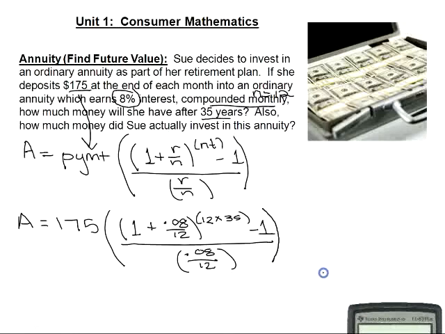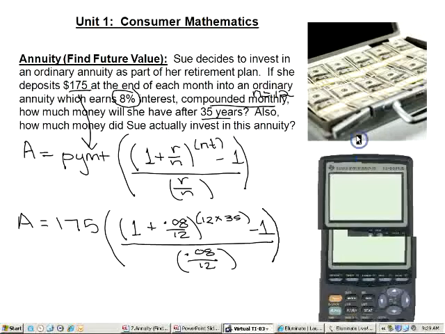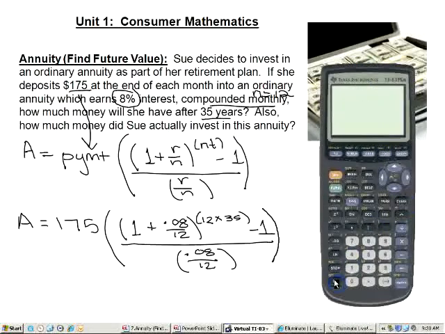Now we need to very carefully put this into our calculator. I'm going to put the entire numerator inside the parentheses in my calculator, hit enter, and then divide by what's in my denominator and hit enter, and then finally multiply by the monthly payment, which is $175.